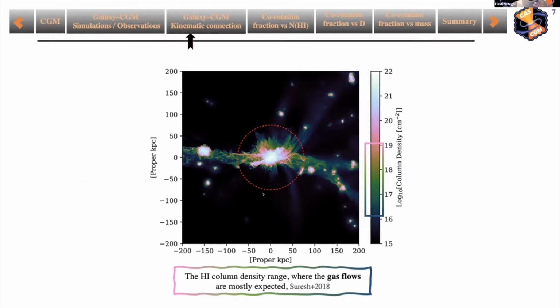Here we can see that the HI gas with column densities mainly between 10^16 and 10^19 is flowing in and out of galaxies. In this project, we also use HI. We use HI to examine how the CGM and galaxies are related and whether this relation is dependent on the HI column density or not.